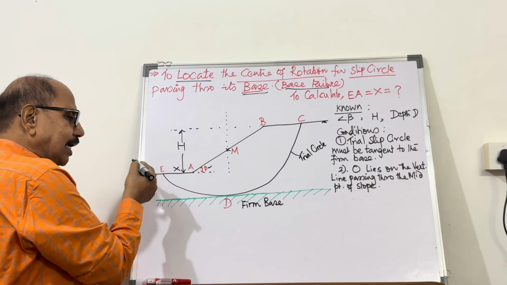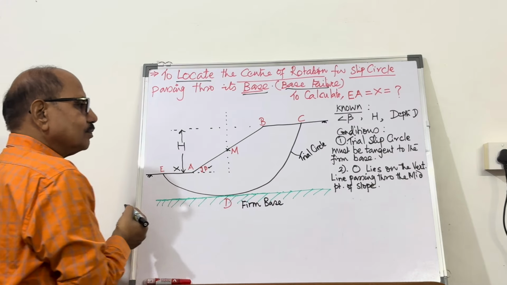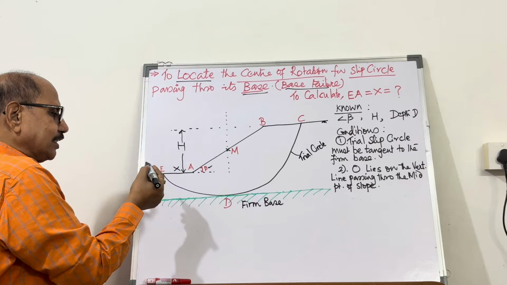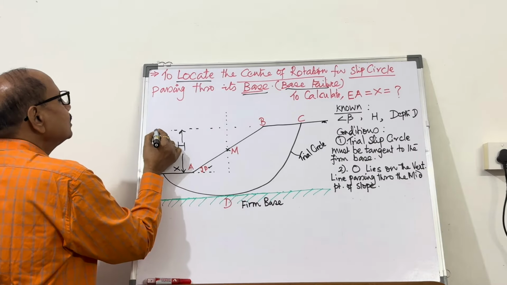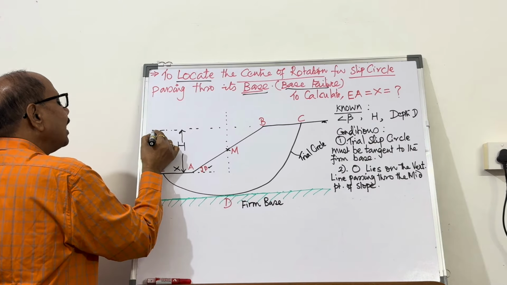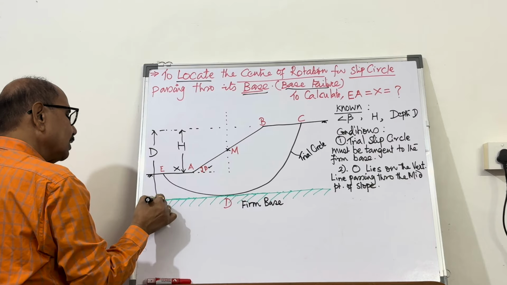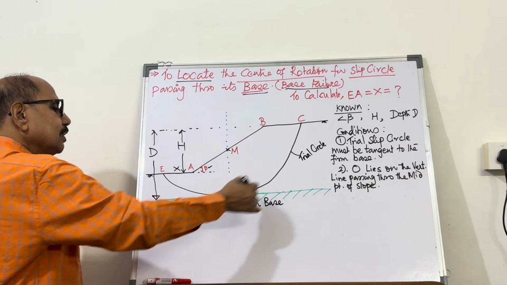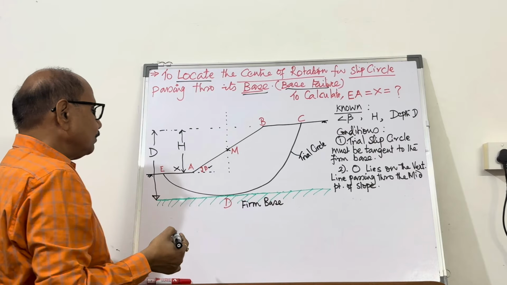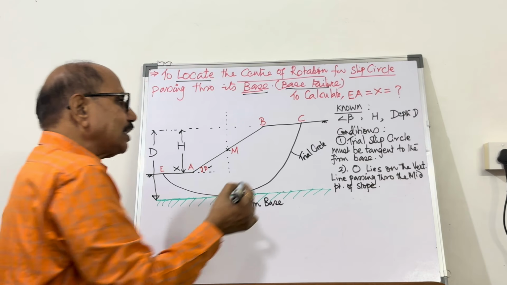And let's say the trial slip circle is going to extend up to depth D, which is known to you. So the depth of the trial slip circle is going to be up to D. So that's known to us.